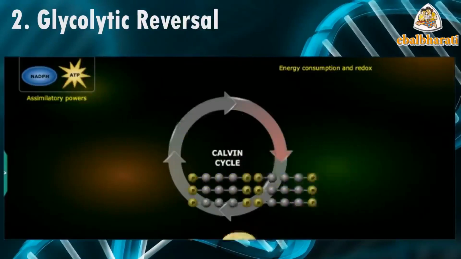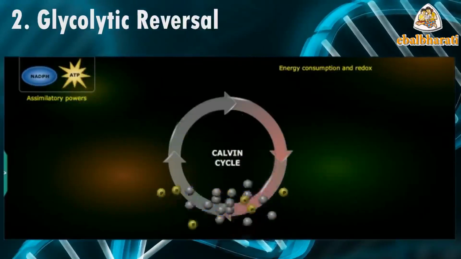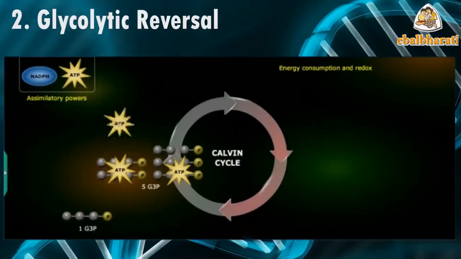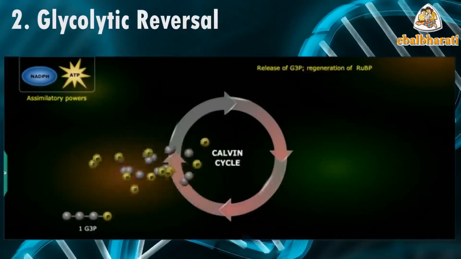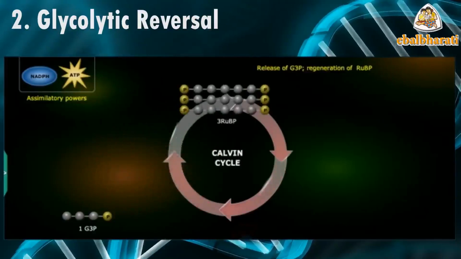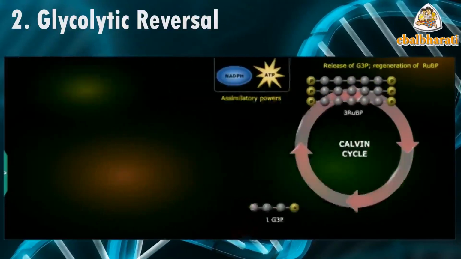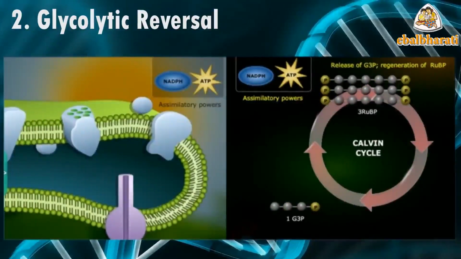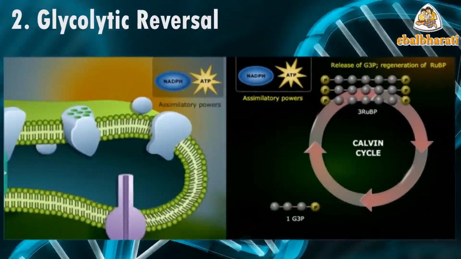Molecules of 3-PGA form 1,3-diphosphoglyceric acid utilizing ATP molecules. These are reduced to glyceraldehyde 3-phosphate, that is 3-PGAL, by NADPH supplied by the light reaction of photosynthesis.